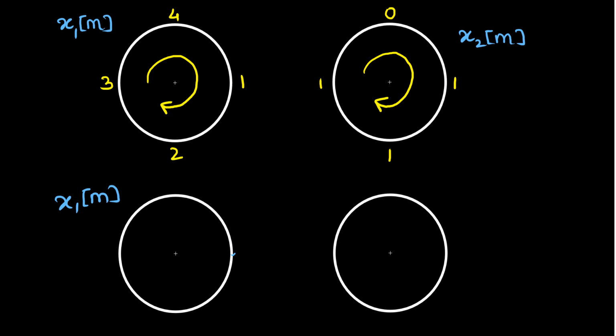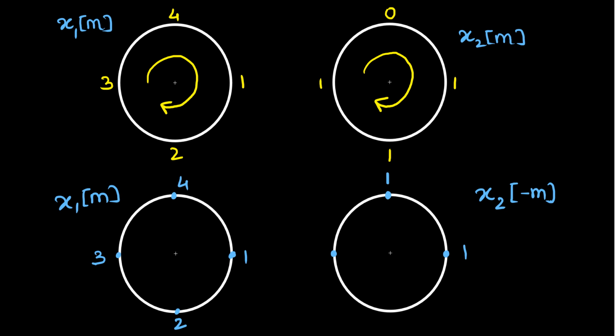Now we need to keep this x1 of m as it is, that is 1 2 3 and 4, but we need to flip this x2 of m. So we would be having this x2 of 0 here, that is 1, then x2 of 1 would be located at x2 of minus 1, so it would be here.